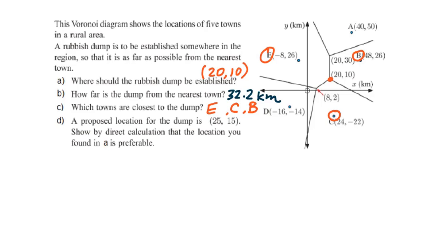At D, a proposed location for the dump is (25, 15).